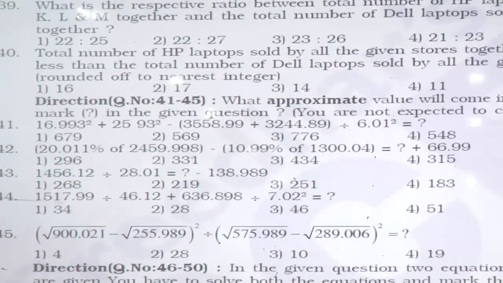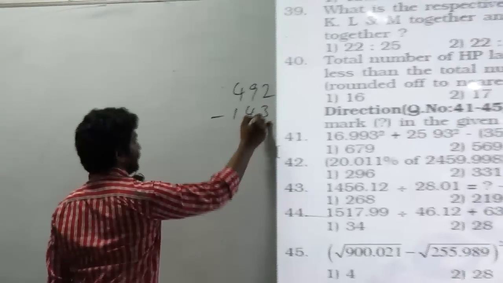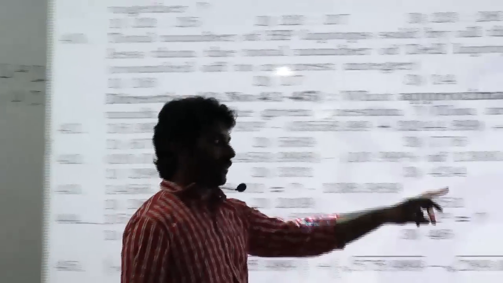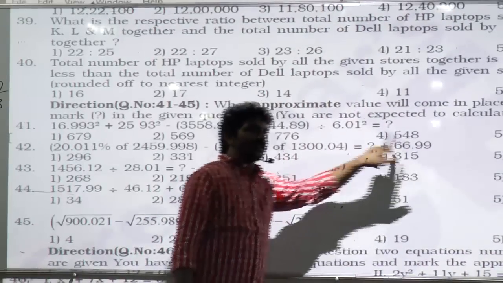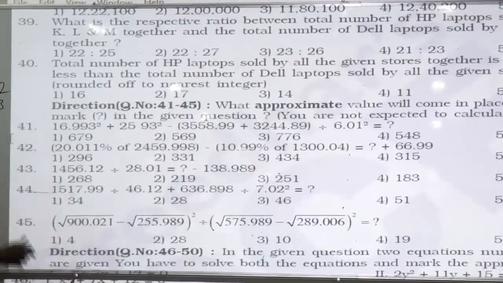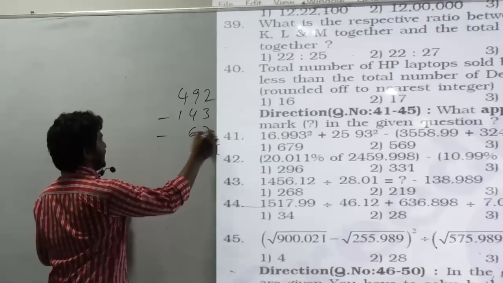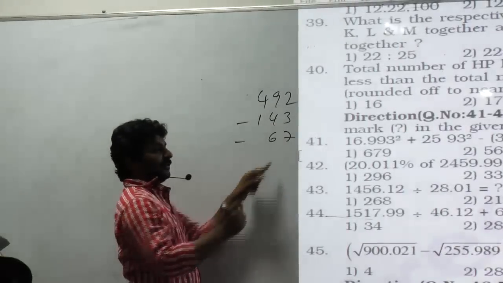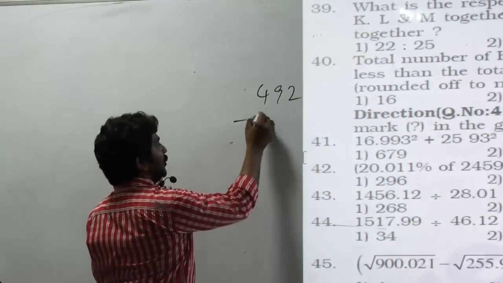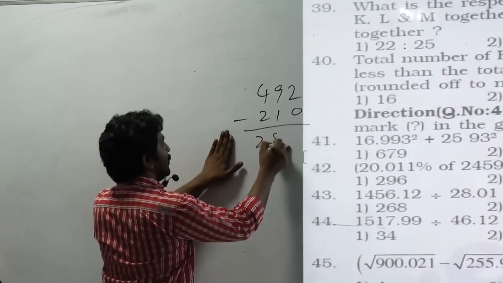You need to subtract 143. And then the question mark is here. This is what you need to calculate. And this is 67. Take these two. Left hand side becomes minus 67. 140, 60. 200. 10. So total you need to subtract 210. Answer 282.